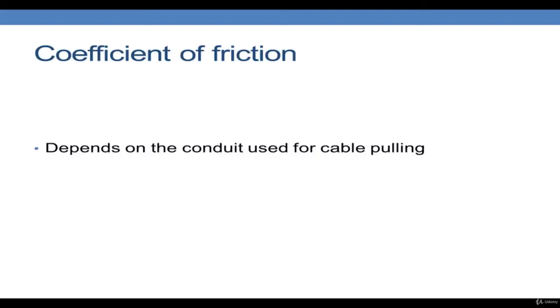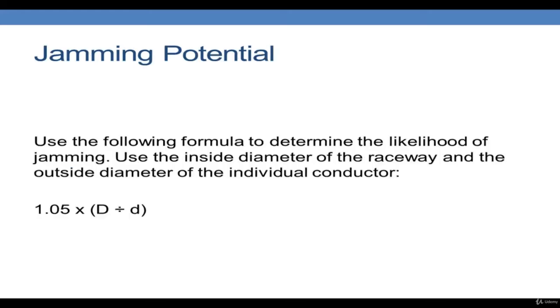And the coefficient of friction. The coefficient of friction actually depends upon the conduit through which the cable pulling is done. In practical applications, we would like to apply lubricants in bends so that the coefficient of friction through the bend can be reduced. And the jamming potential.